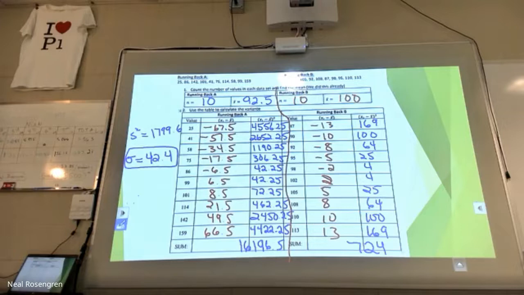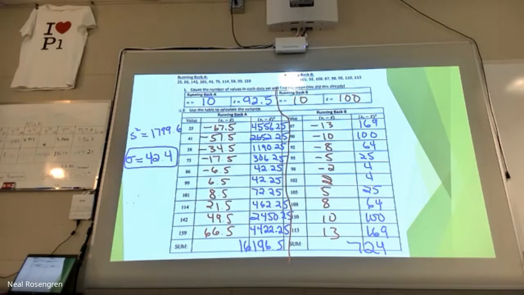And look at that difference already. We haven't even looked at variance, let alone standard deviation. All I've done is take the squares of the differences from the mean. What was in the 16,000s before? This one's not even 1,000.